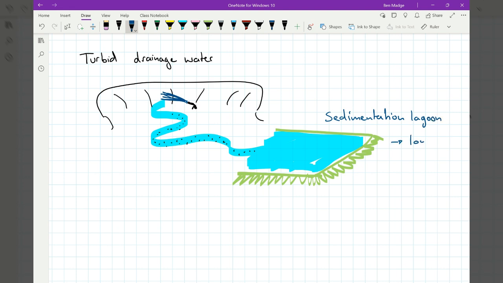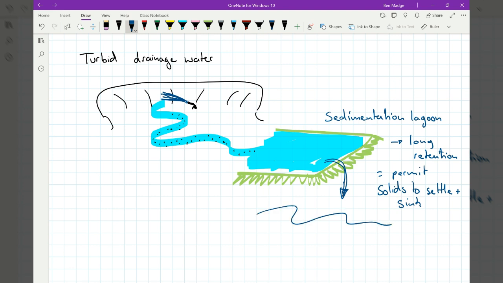This has a long retention, and this will permit solids to settle and sink, and then the discharge to a nearby watercourse is therefore going to be low turbidity. And this is a very common technique that you'll see for lots of mines, but particularly China clay is a good example.